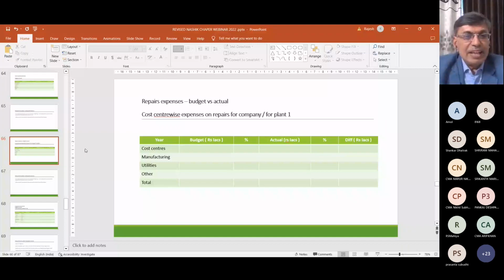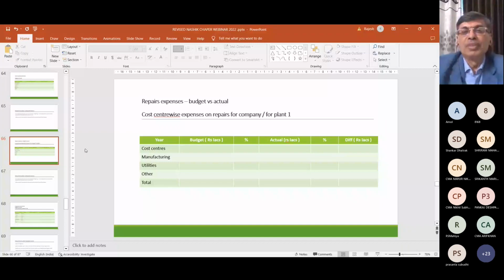Because these repairs expenses mainly consist of various ARCs and various AMCs. So if their scopes are properly defined, if their values are arrived at after considering all the relevant factors, then these values should not differ much.